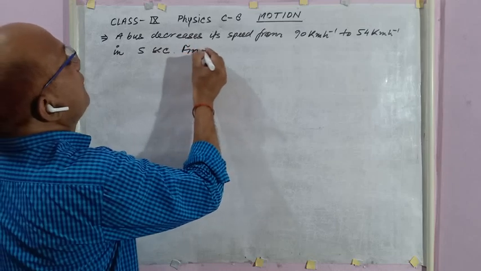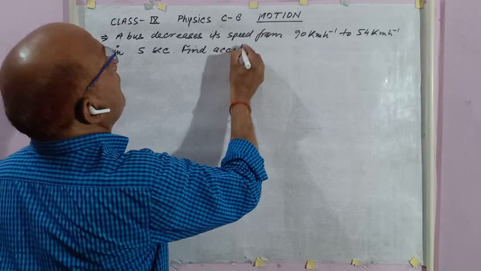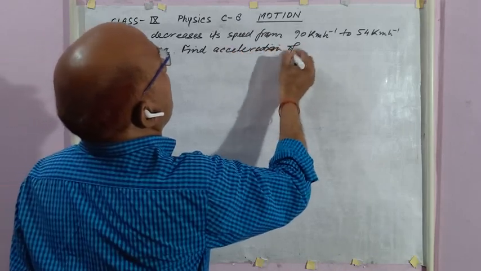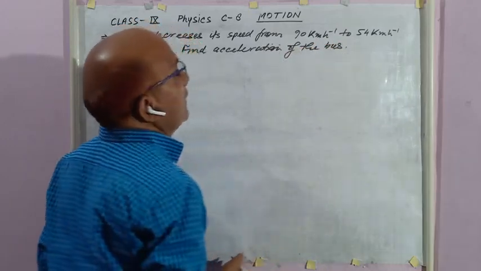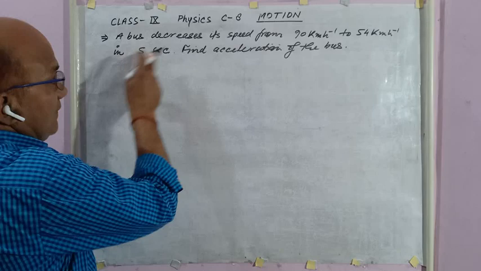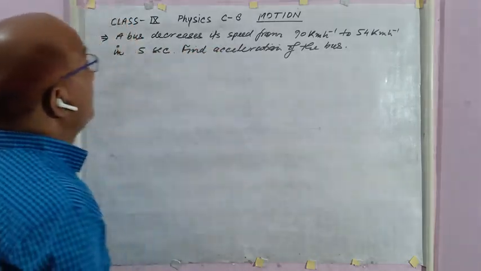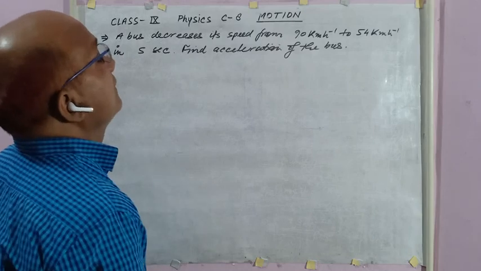Find acceleration of the bus. So let us see. A bus decreases its speed from 90 km per hour to 54 km per hour in 5 seconds. Find acceleration of the bus.